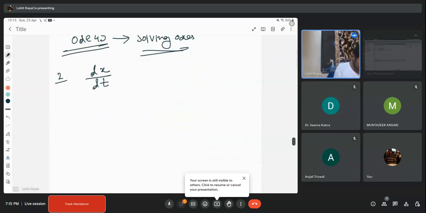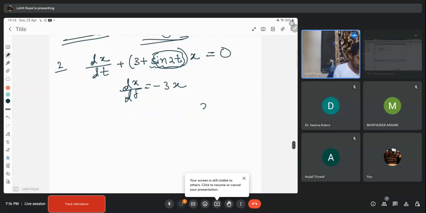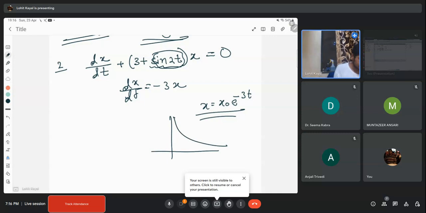Now the second example is dx dt plus 3 plus sine 2t x equal to 0.